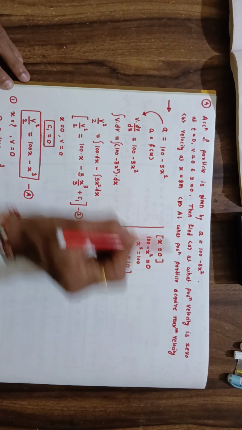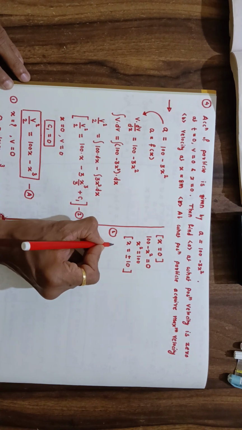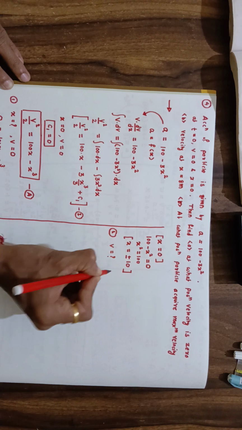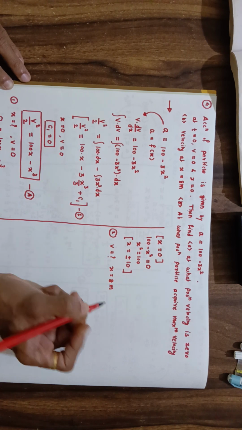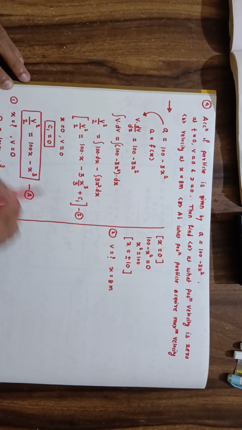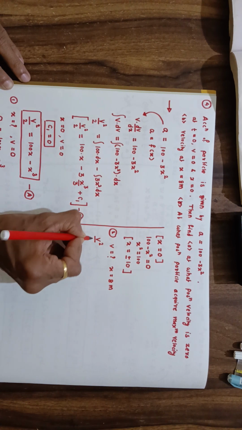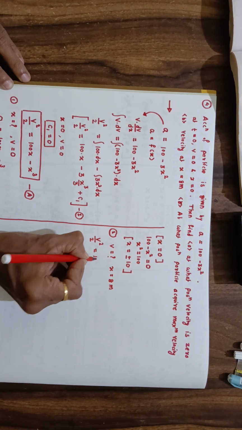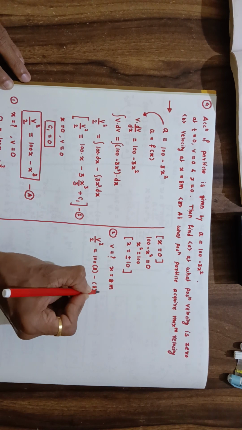Now refer to the second question. In the second question, we need the velocity at x equal to 8 meter. It means we have to find the velocity of the particle when the position is x equal to 8 meter. This is straightforward. Just put the value of x as 8 meter and find the velocity. So v square by 2 is equal to 100 into 8 minus 8 cube.